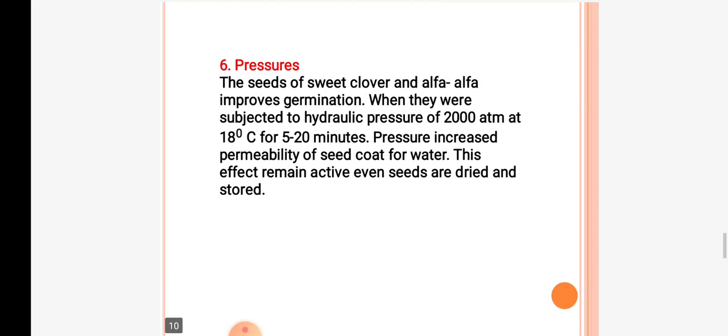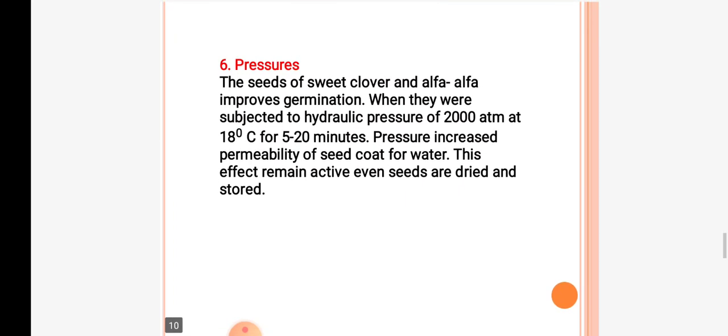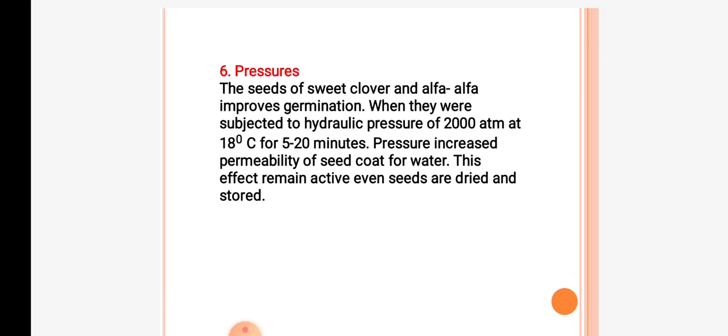Pressure increases permeability of the seed coat for water. This effect remains active even when seeds are dried and stored. So there is a pressure effect on seed germination, and it is related with the permeability of the seed.